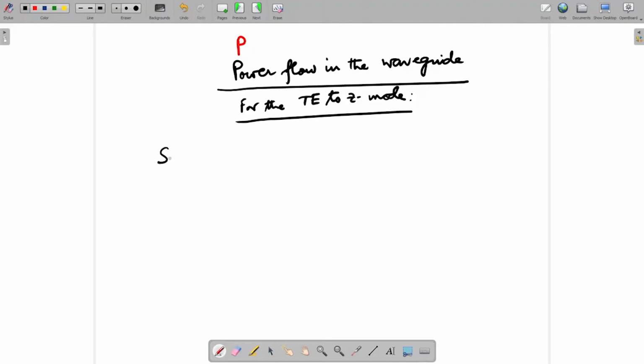So, we have S average as real part of S. We already interpreted these terms in the power conservation theorem, and that is real part of E cross H star.